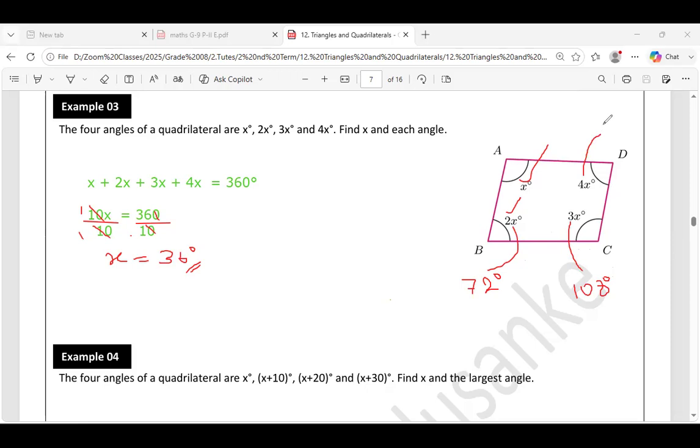What is 4x? 4 multiplied by x, x means 36. 4 times 36 will be equal to 144 degrees. So this is the way you are going to provide the answers.